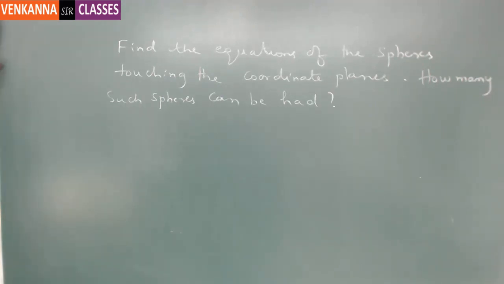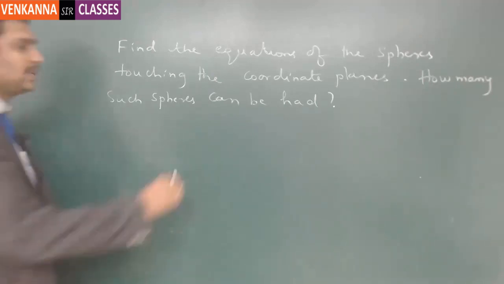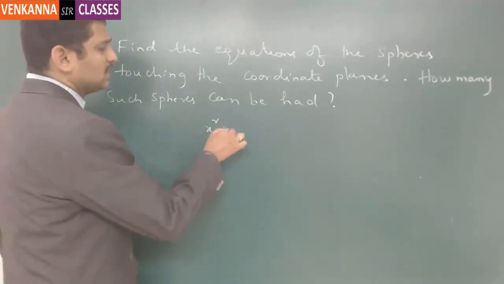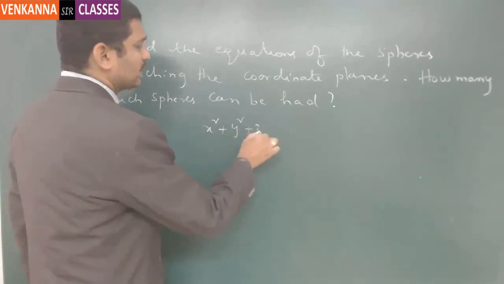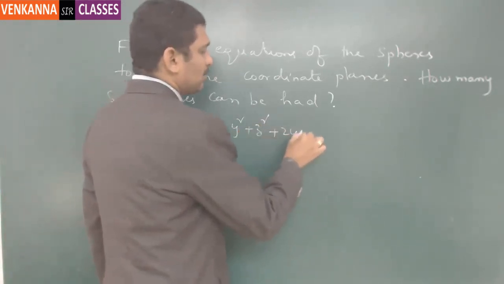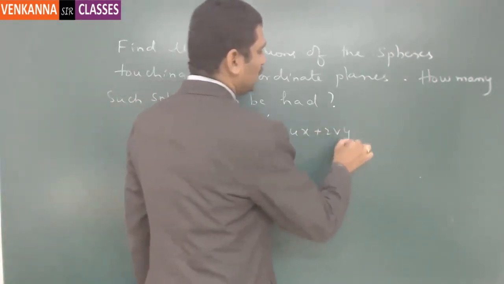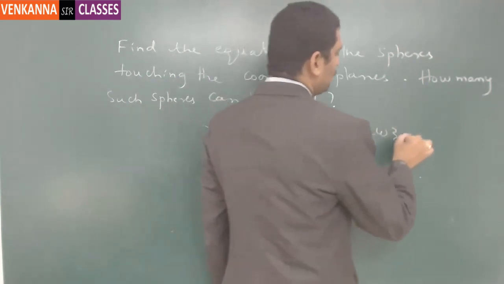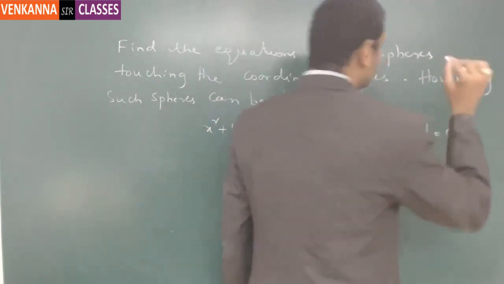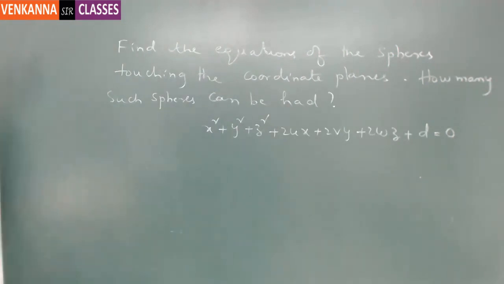Since we need to calculate the sphere equation, let us take that the required sphere is x square plus y square plus z square plus 2ux plus 2vy plus 2wz plus d equal to 0. If we are able to determine the values of u, v, w, d, then you are done.